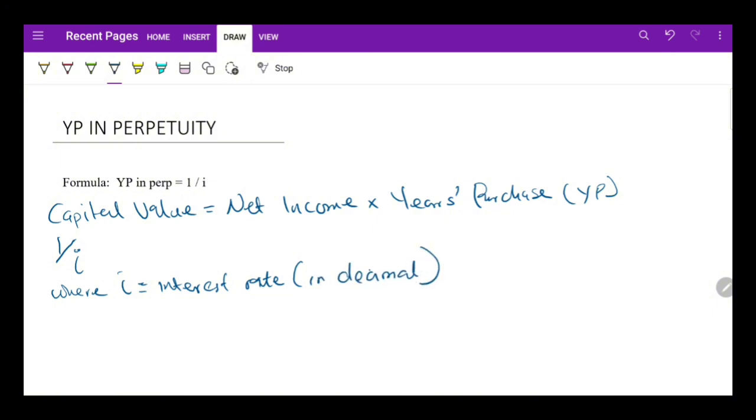Right? So I think we can look at one example of how to use the YP in perp. This question says calculate the YP in perpetuity at 7% per annum. Note that the formula for the YP in perp does not have an N in it. Unlike other formulas that we have been doing that have the N, which stands for the number of years, the YP in perp does not have the N, and that's because it is infinite.